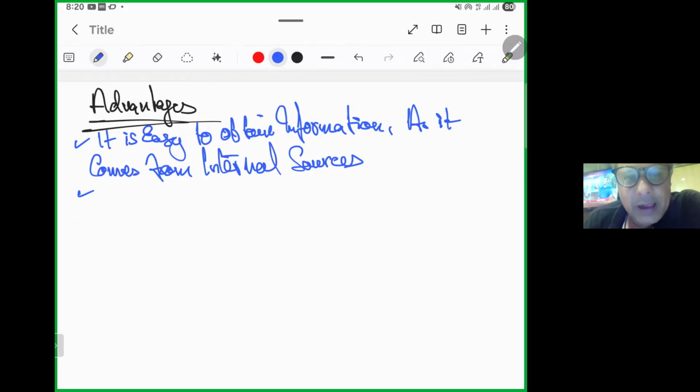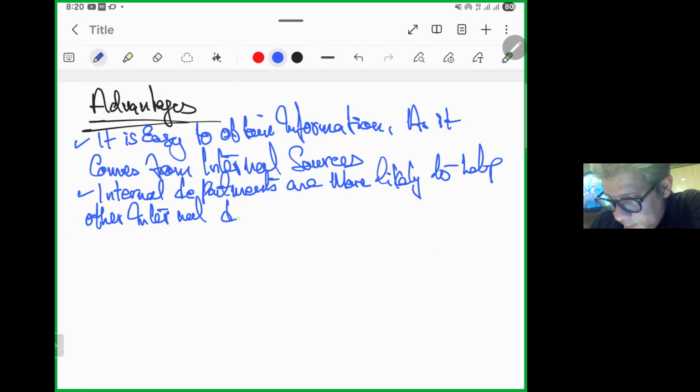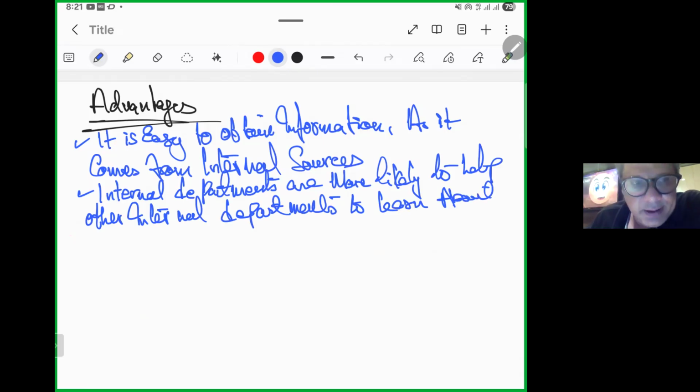Internal departments are more likely to help other internal departments to learn about how best practices are achieved.